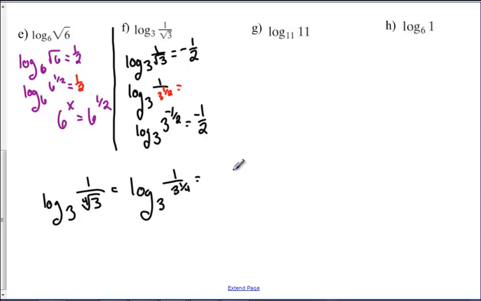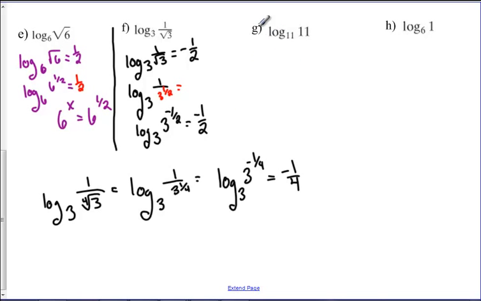And then to bring it up top, we're going to have log base 3 of 3 to the negative 1/4 power. So for that one, it's just going to be a negative 1/4. So if you have a fraction answer, it's because you have a radical. And if you have a negative, it's because you were trying to move something to the bottom.